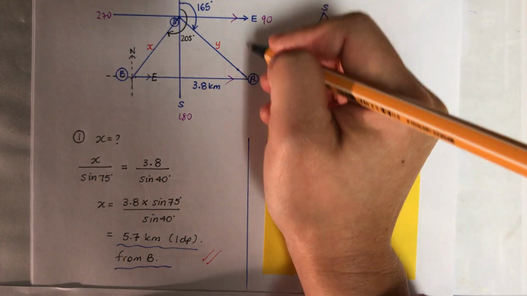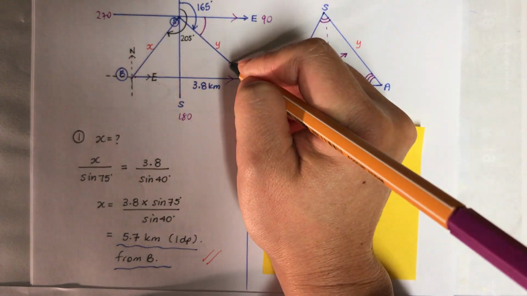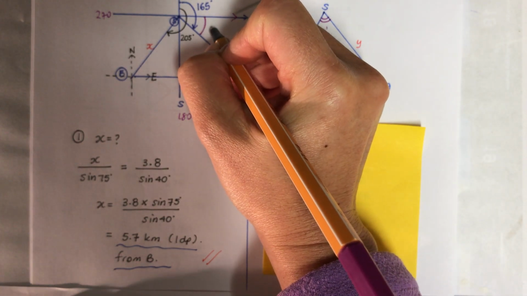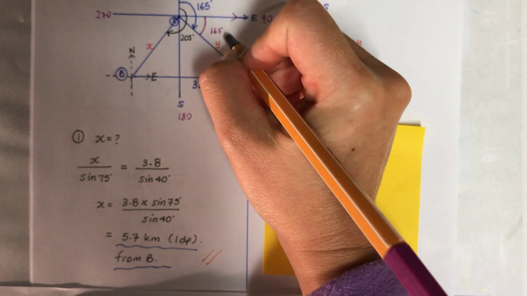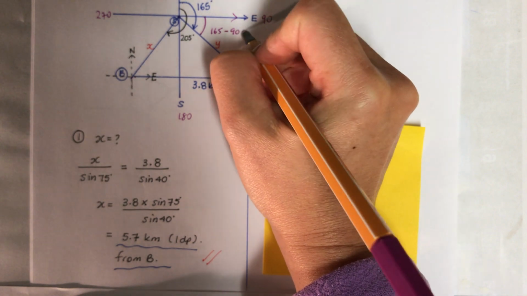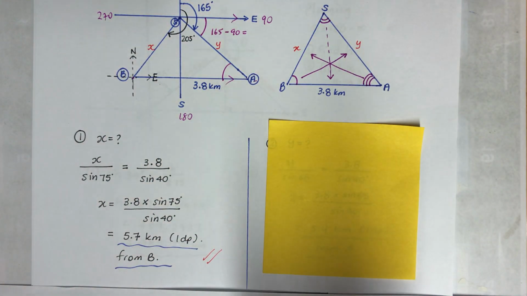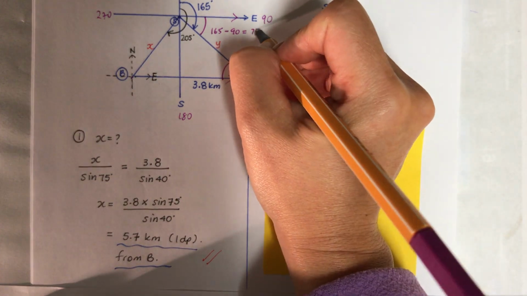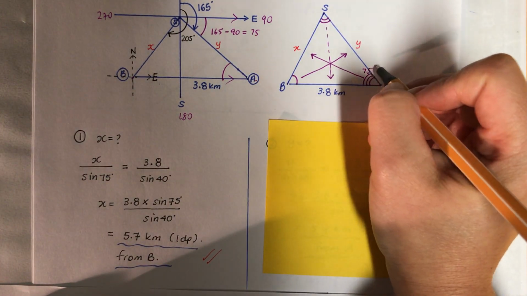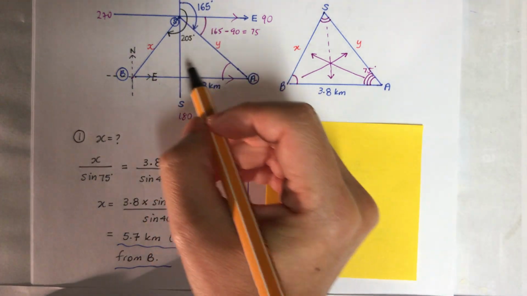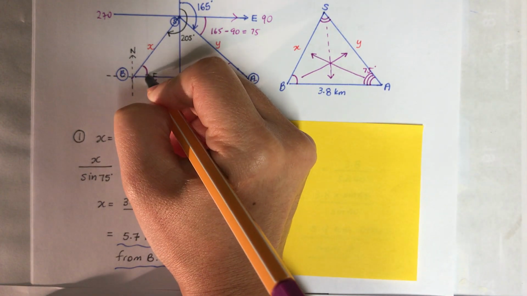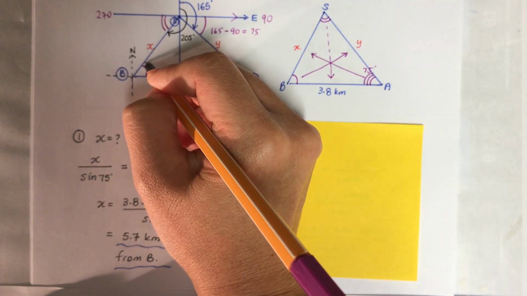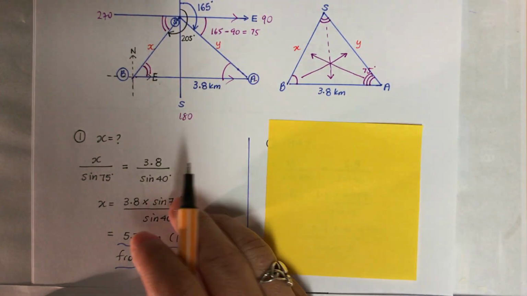So how are we going to find this? This will be same as this, won't it? So what's this going to be? It'll be 165 take away 90, which is 75. This will be 75. And then I'm going to find this angle by using this one. That will be same, right?